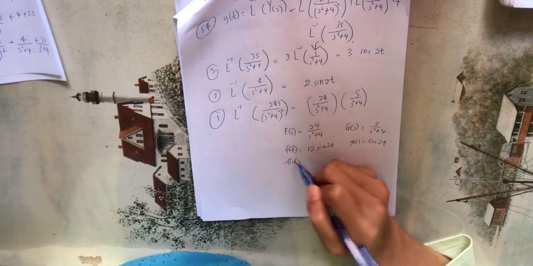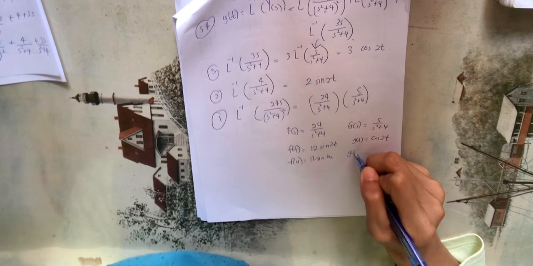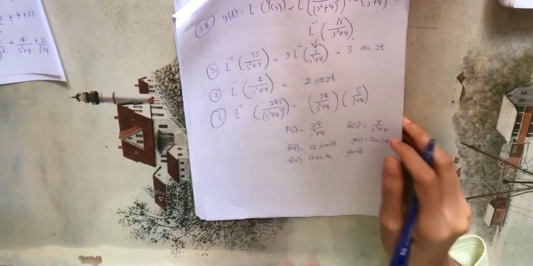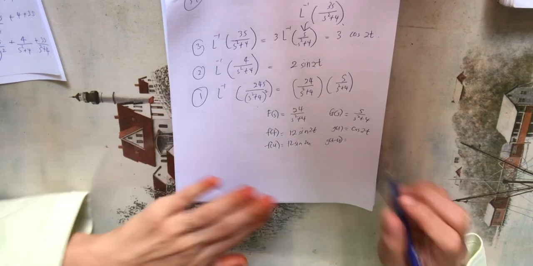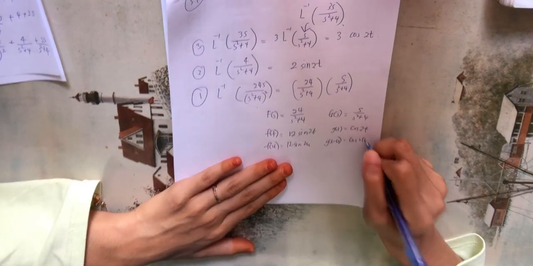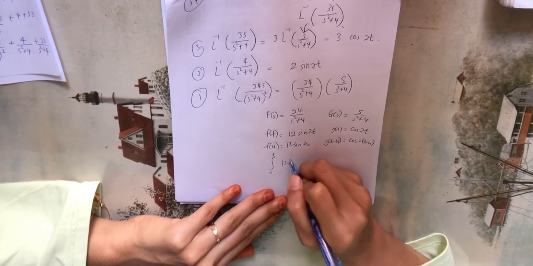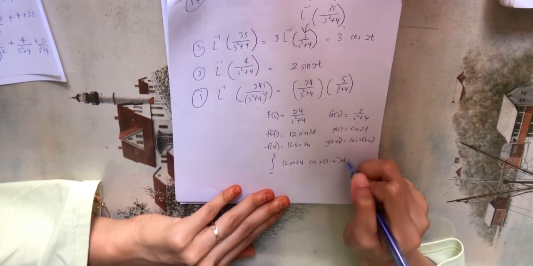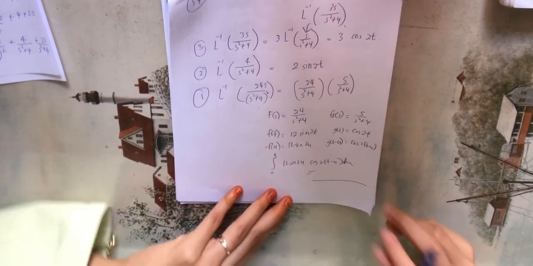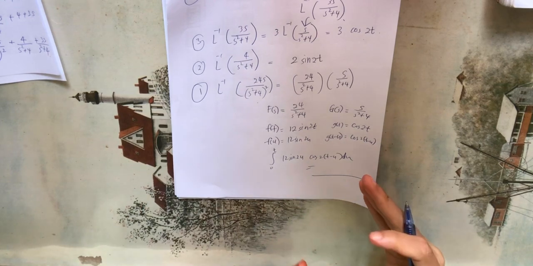Then the next one is fu, which means 12 sine 2u, and here is g(t minus u), so it becomes cos 2(t minus u), and then substitute into the formula and get the answer. You get the answer by yourself.